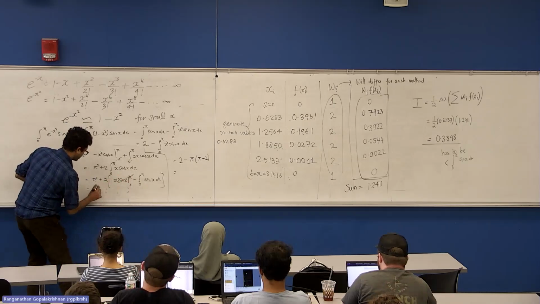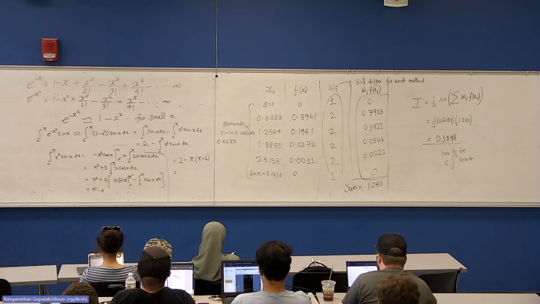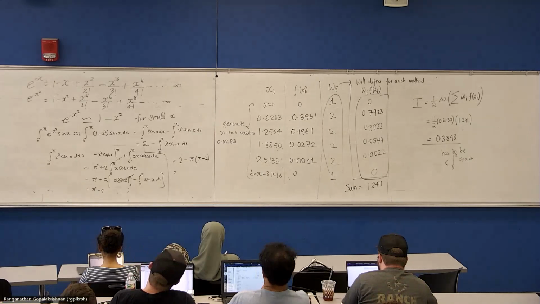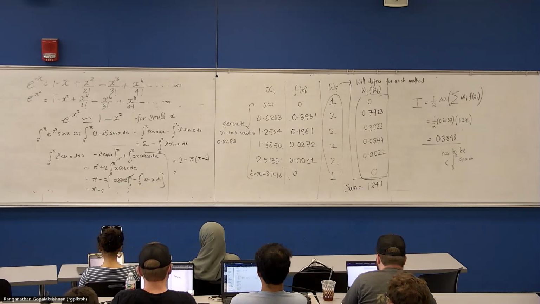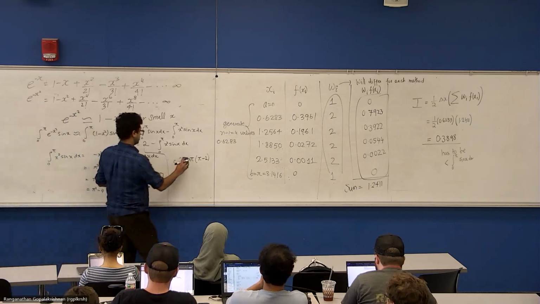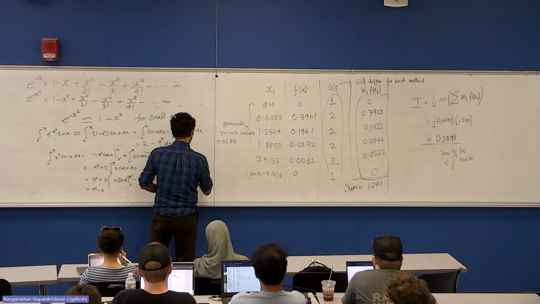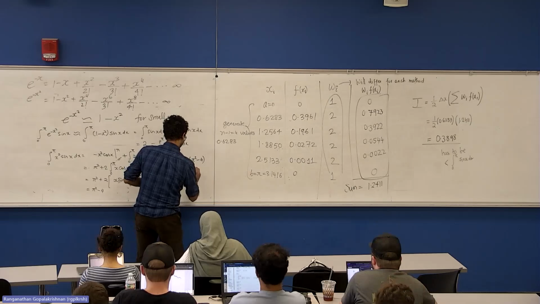So this is pi squared minus 4. What is pi squared minus 4?